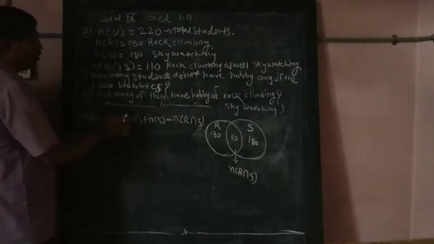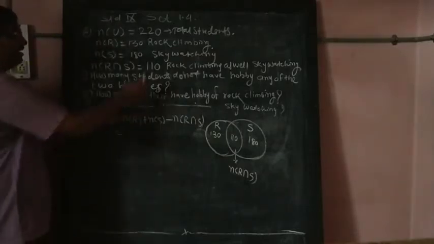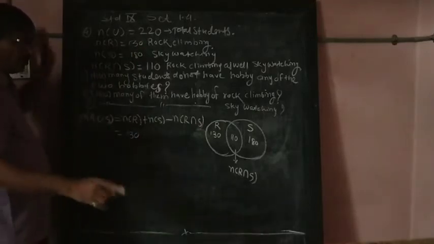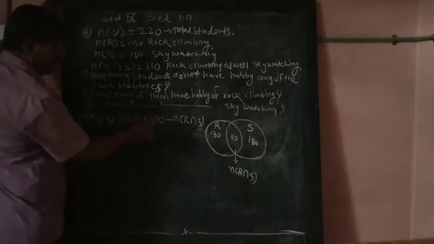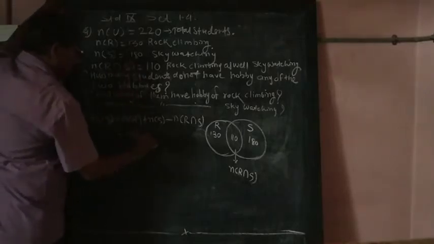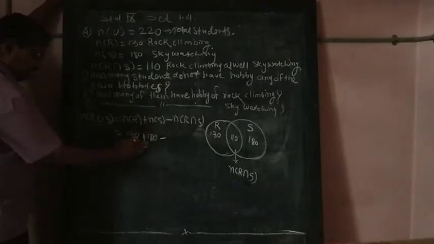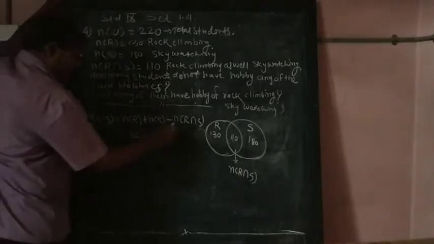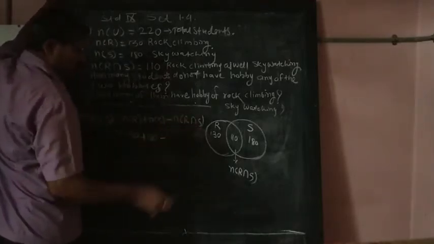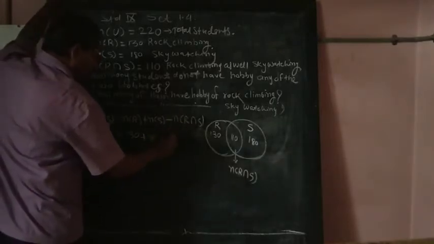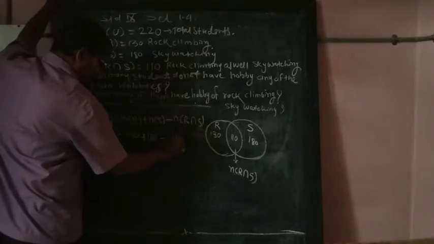So what is the total number of students having interest in rock climbing? That is 130. How many students have interest in sky watching? That is given here as 180, and here the plus sign is there. And those students who have interest in both rock climbing as well as sky watching is given here as 110.